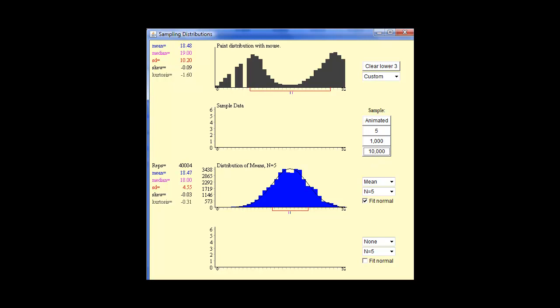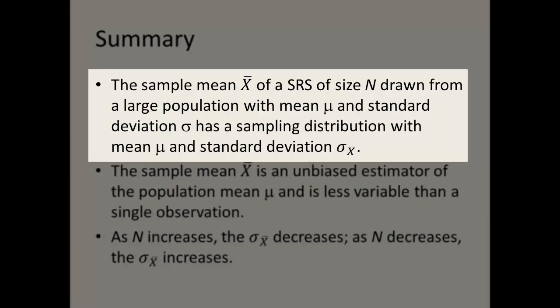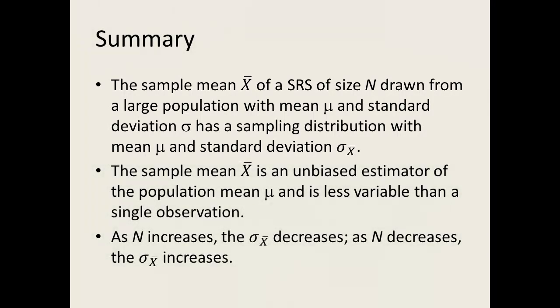Very cool. In summary, the sample mean x bar of a simple random sample, SRS, of size n drawn from a large population with a mean of mu and a standard deviation sigma has its own sampling distribution with the same mean mu and a narrower standard deviation now represented by sigma sub x bar called the standard error.